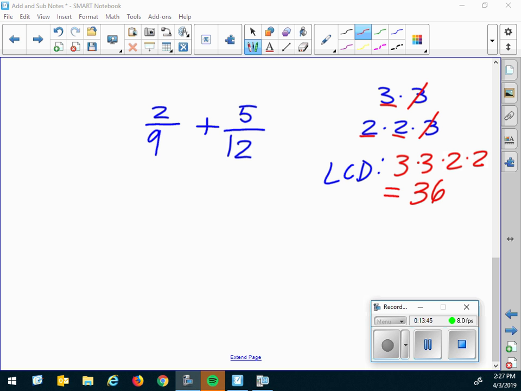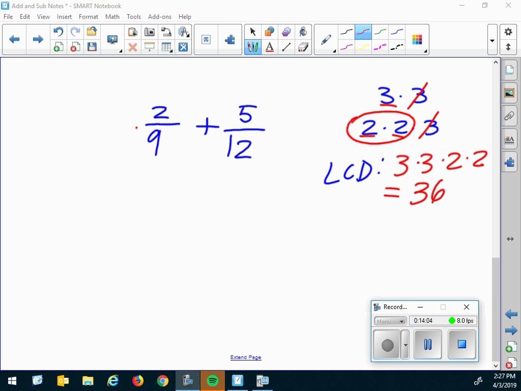What does this need? Needs a 4. Why does it need a 4? Now look right here. 4 is what this one needs.